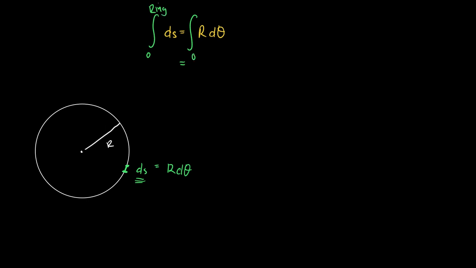And I would have to start at angle 0 and go all the way around the ring until I make it to angle 2 pi. What does this produce? If you're really paying attention to what's happening here, the result of this is going to be 2 pi r, because the length of a ring is its circumference. Right? That shouldn't surprise you.